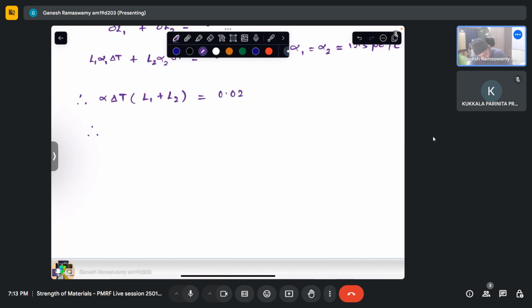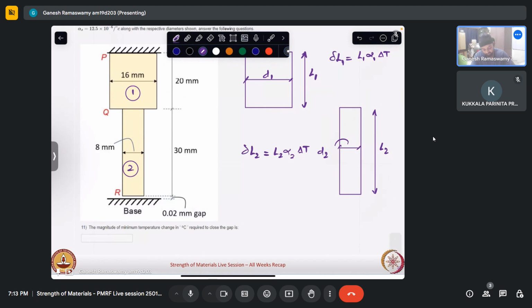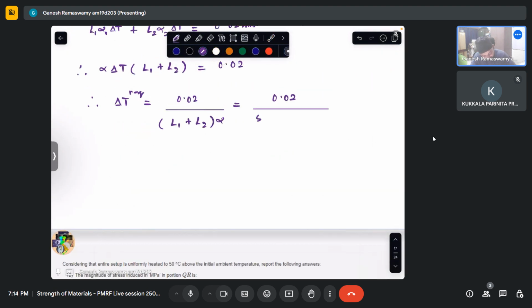Therefore, delta T required to close the gap is 0.02 divided by this quantity into alpha. 0.02 by what is the total length L1 plus L2? It is 50 mm. So this is 50 into 12.5 E minus 6.